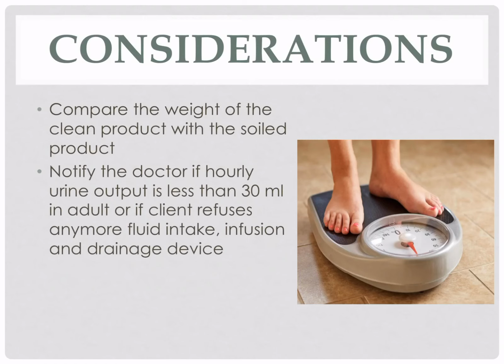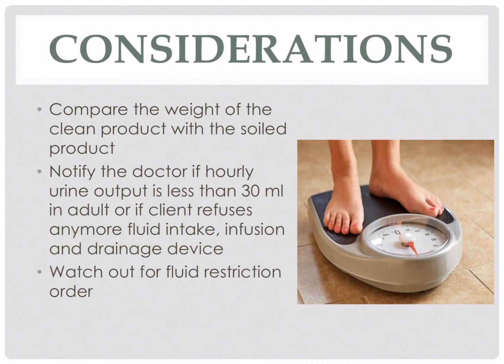Remember that the normal urine output rate for an adult is at least 30 ml per hour. So if it is less than 30 ml per hour, you have to inform your doctor because it is abnormal.